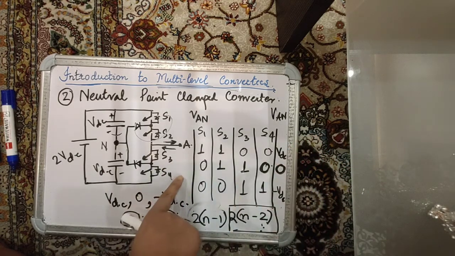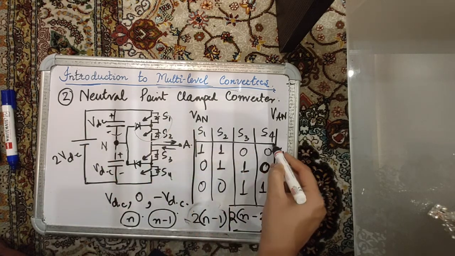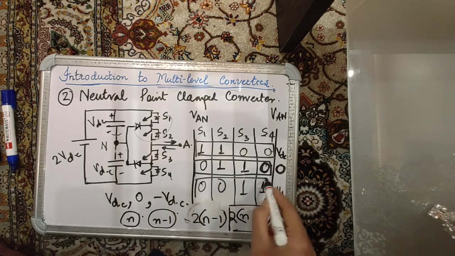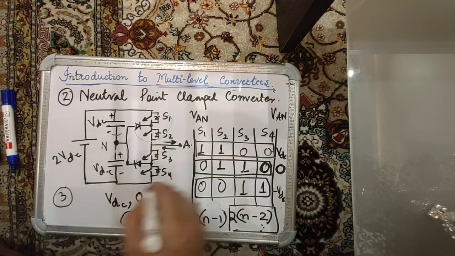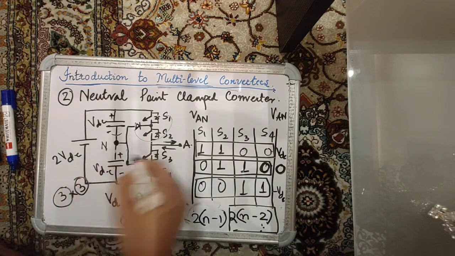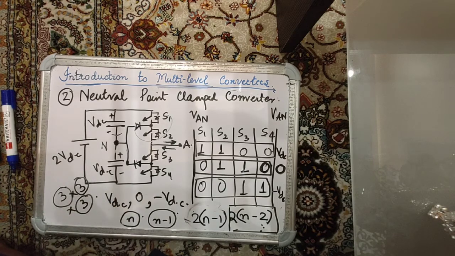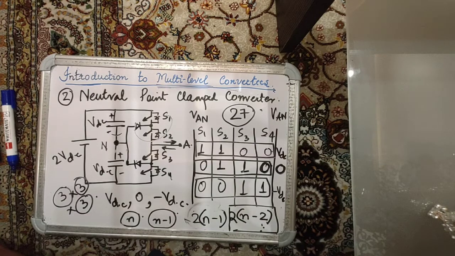Now let's see the switching states in this converter. We have 3 switching states. This is one switching state, this is another switching state, and this is another switching state for one leg. So 3 switching states for A leg, times 3 switching states for B leg, times 3 switching states for C leg, which means that there are 27 switching states. Even in CHB, you saw that there are a large number of switching states.